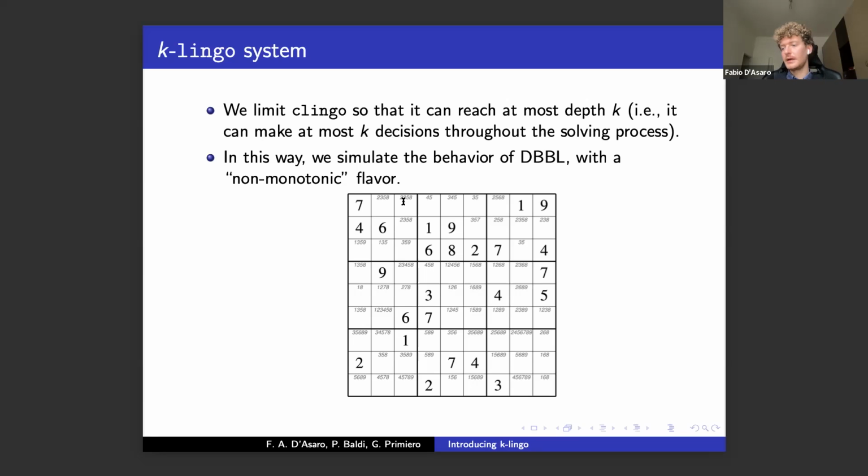after having performed k guesses, basically from the initial Sudoku. So from the initial values you had in the Sudoku.